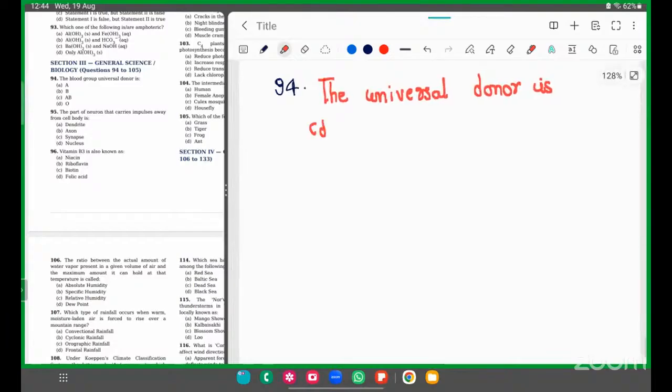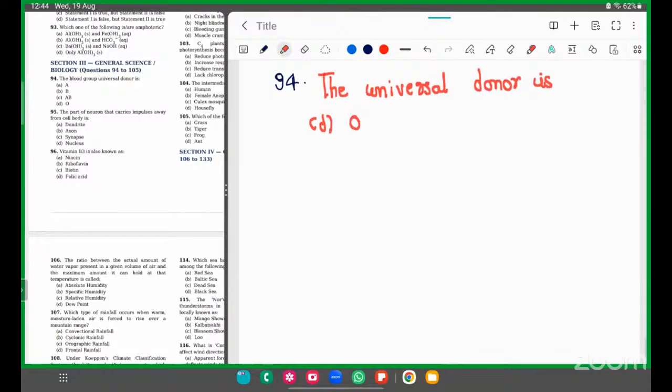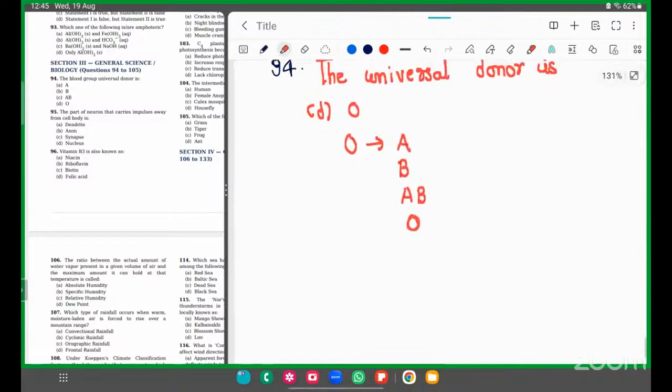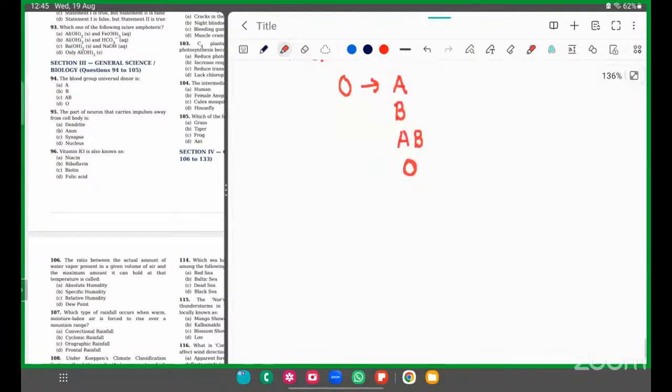Answer is D, O, because O can provide blood to anyone like B, AB, and O as well. But it cannot take blood from all of these. So the correct answer for the universal donor is A.